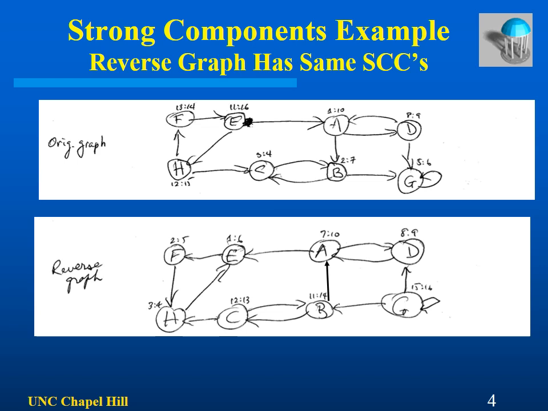We're going to be using this reverse graph in our method for finding strongly connected components, and we're going to be depending on the fact that if we can find the strongly connected components in the reverse graph, they will be the same components as in the original graph.